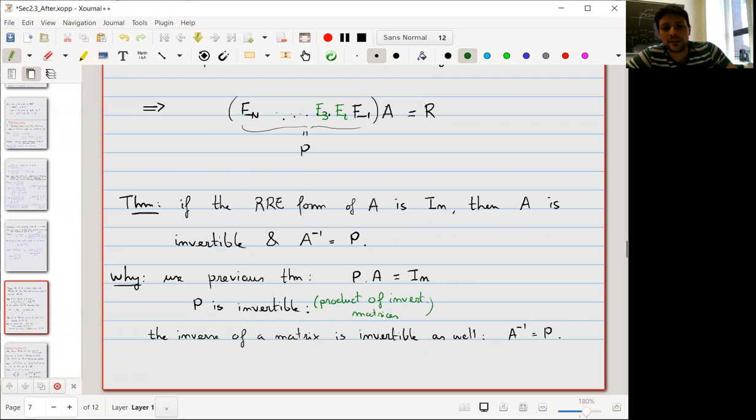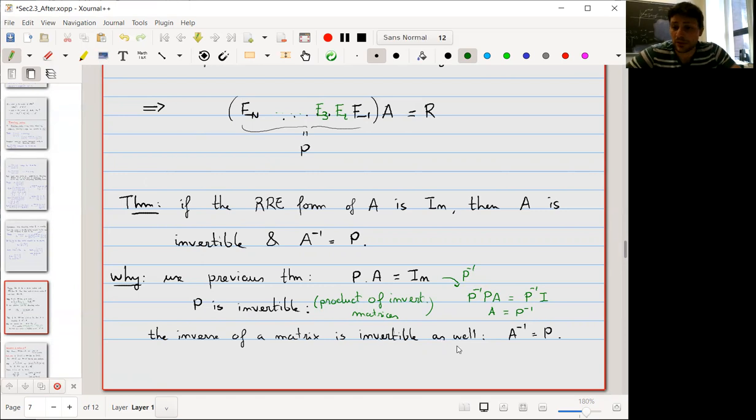Meaning that if I take this equality here and I multiply both sides by P inverse, well, let's do all the steps. I get P inverse P A is equal to P inverse times the identity, which simplifies to A equals P inverse. But now, if A is equal to P inverse, A is the inverse of an invertible matrix.